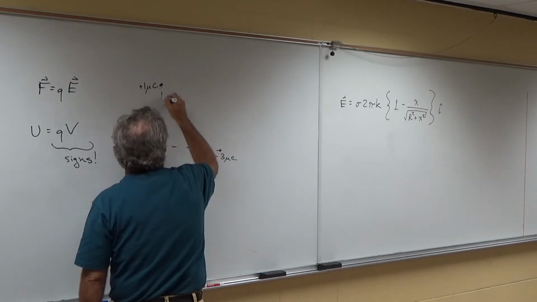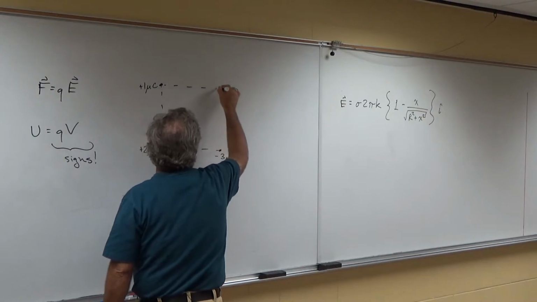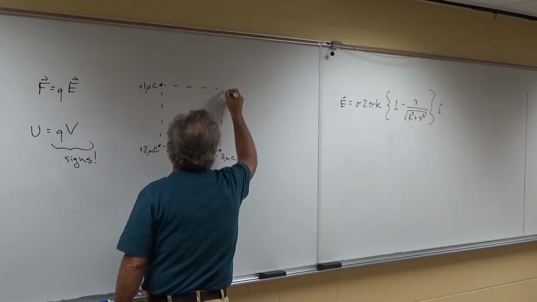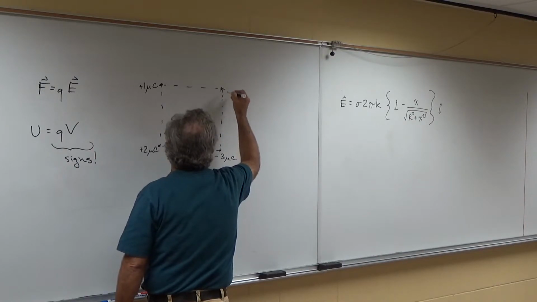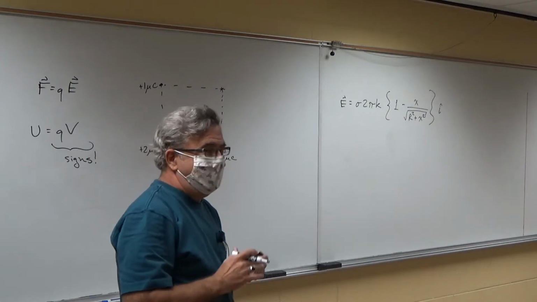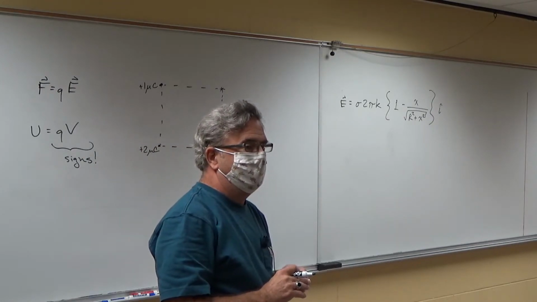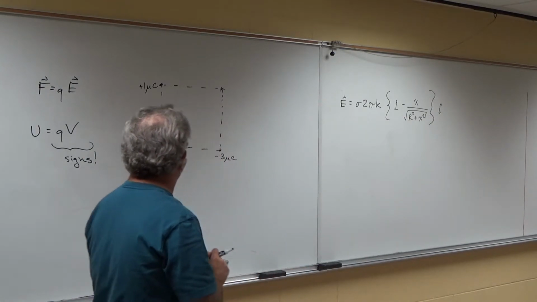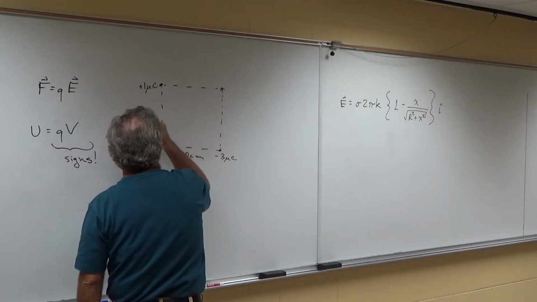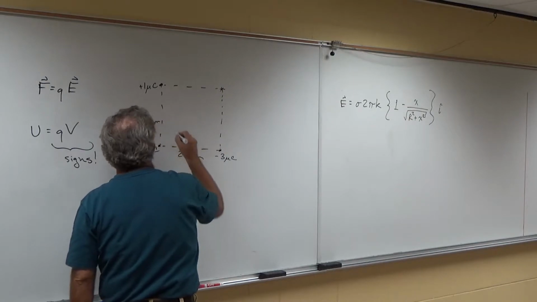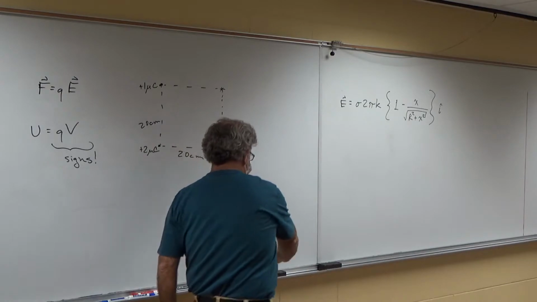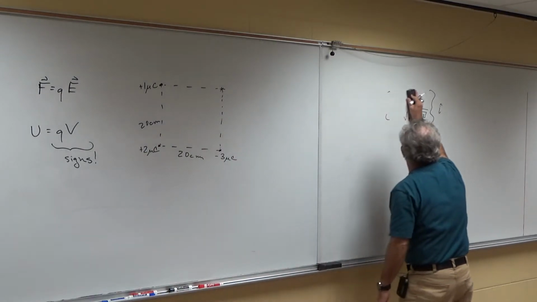They're at the corners of a square, and up here is some point. There's no charge at that point. I want to calculate the potential at that point quickly. Let's say this is 20 centimeters by 20 centimeters.